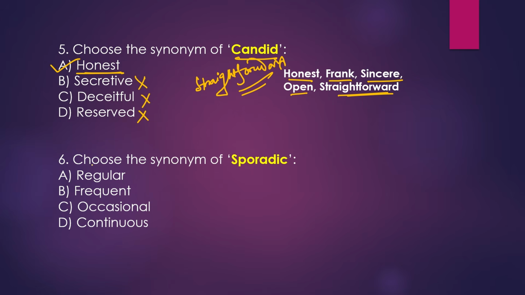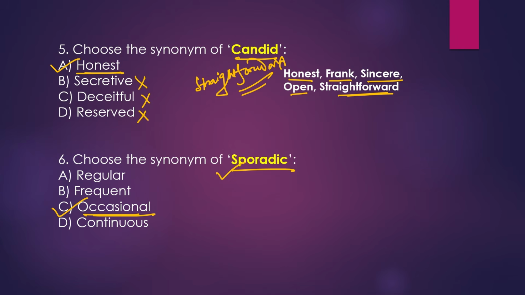Okay, next, choose the synonym of the word sporadic. So the word sporadic means happening at irregular intervals or not continuous. Something which happens not regularly, that is actually called sporadic. Okay, so look at the options. Here option C, occasional, is the correct answer. The word occasional also means happening sometimes but not regularly.